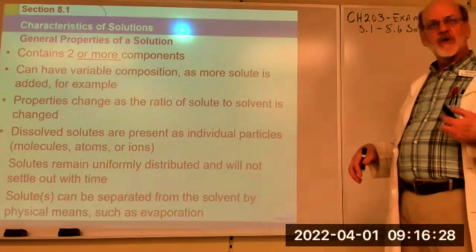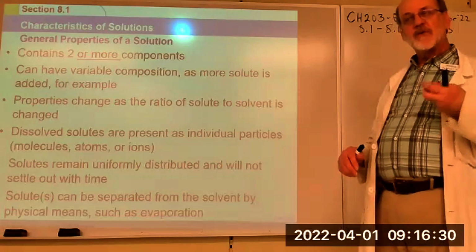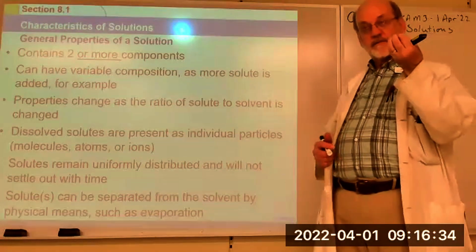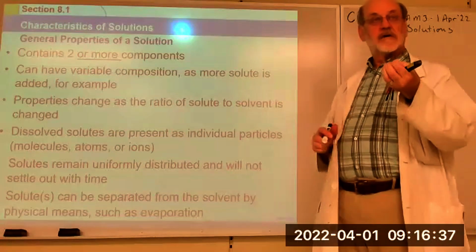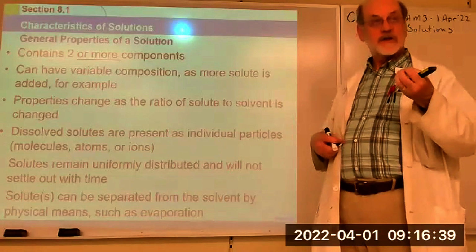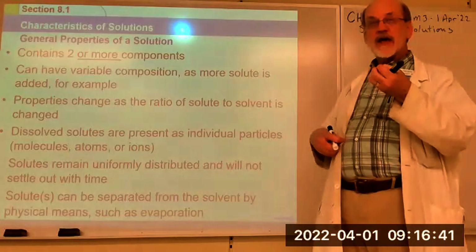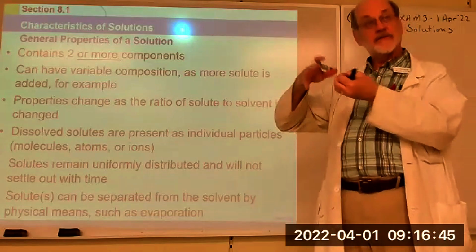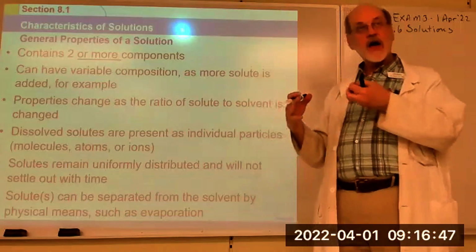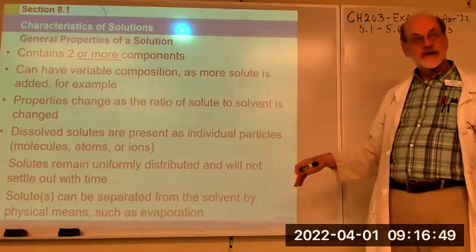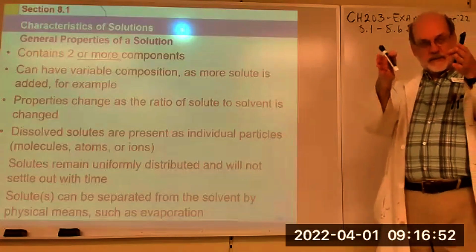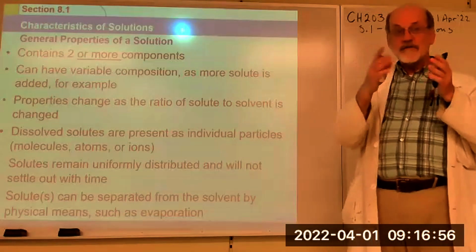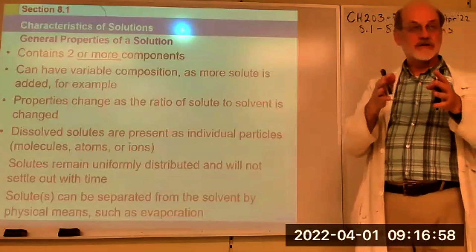And you can have variable composition. What we mean by variable composition is for every unit of solution or solvent, whichever the case may be, you can have a varying amount of solute. And each solute can have different varying amounts. So the composition can vary within narrow parameters that are characteristic of each solute-solvent interaction.